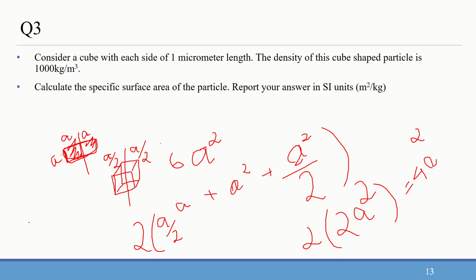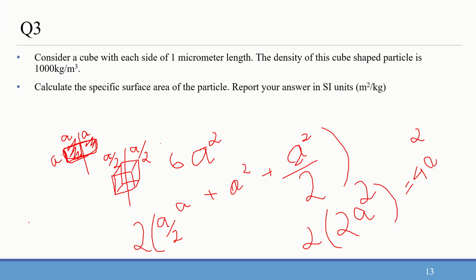So what does this mean? This means that reduction in particle size will lead to more surface area. What is the advantage of more surface area? Surface area is an important property when we are talking about catalysis and all. We will have more sites for particle interaction or fluid interaction.